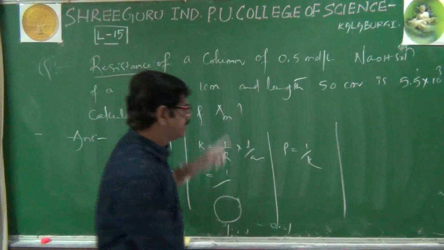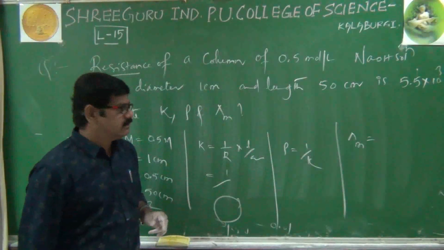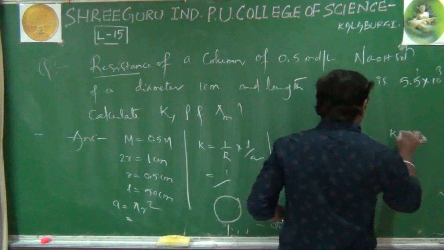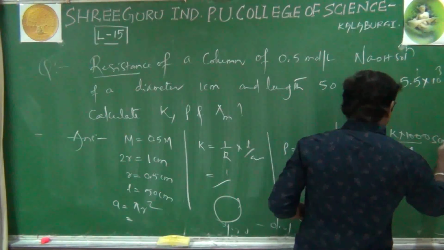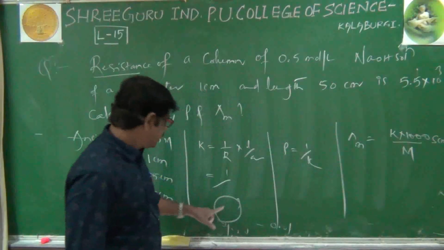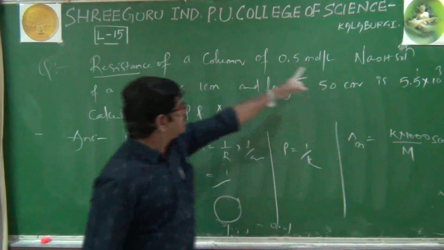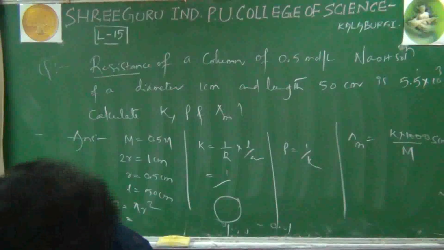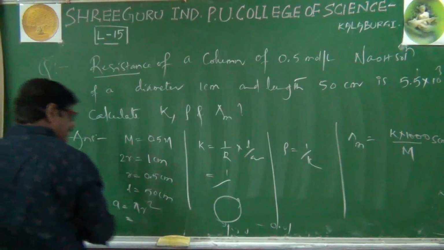And of course finally lambda m, molar conductivity, we have to calculate here. For that purpose we will use again the CGS system formula: K into 1000 divided by M, in Siemens centimeter square per mole. The K anyhow we will get. That K we will bring and substitute here, and the molarity is already given in the question. That's it. Then I'll just give you all the answers.